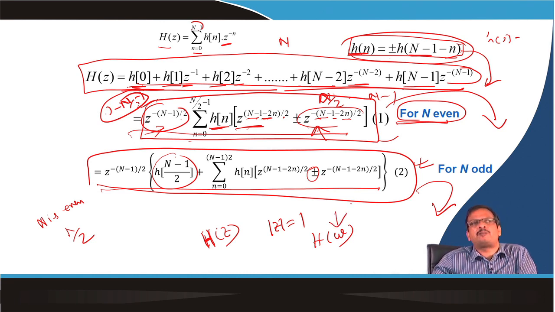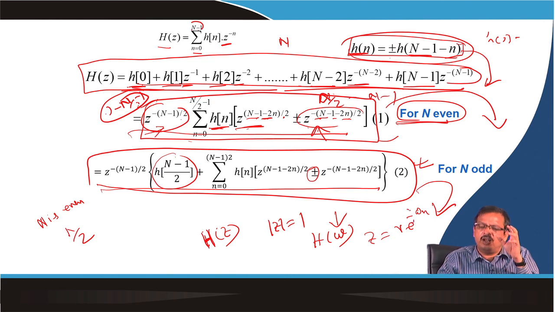So what is the expression for H(omega)? Z is nothing but r into e to the power minus j omega n. Z is a complex number, so there will be j omega n.